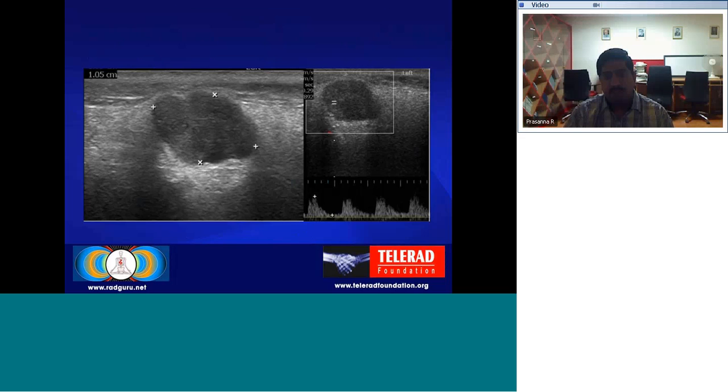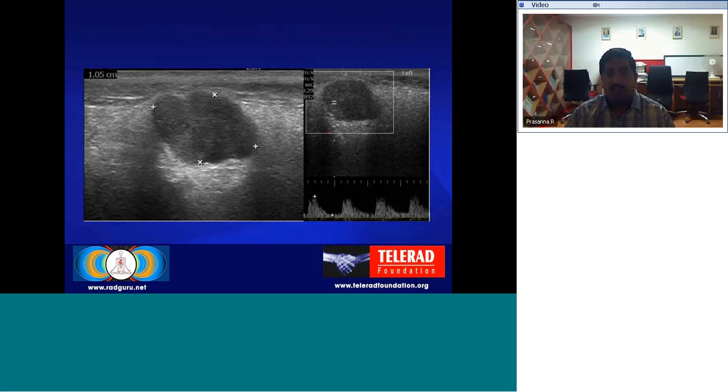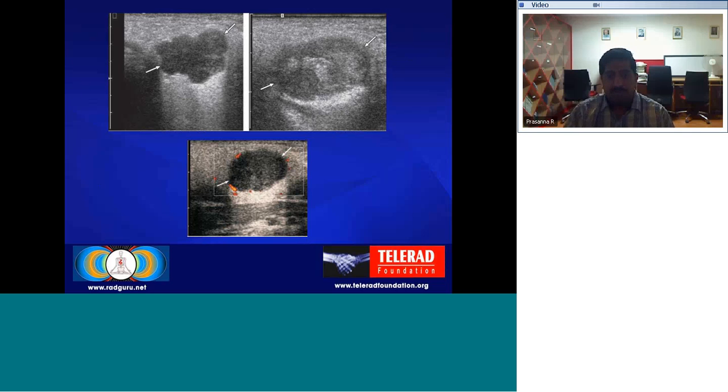As you can see here with the multiple images, most of them are pathognomonic images where we can see that the lobulation is there and the margins are clear-cut, and there is acoustic enhancement there, and it's non-vascular.